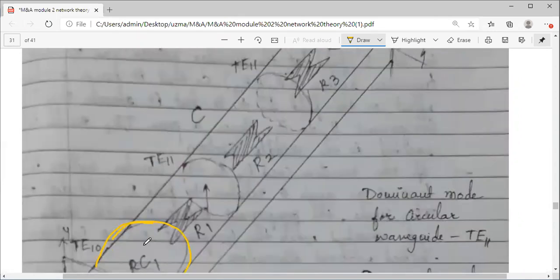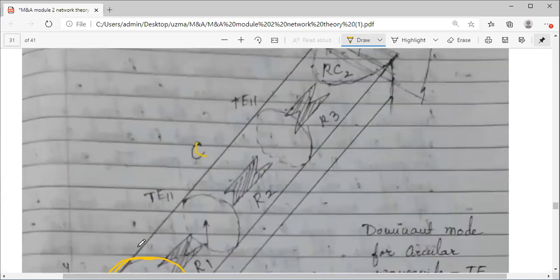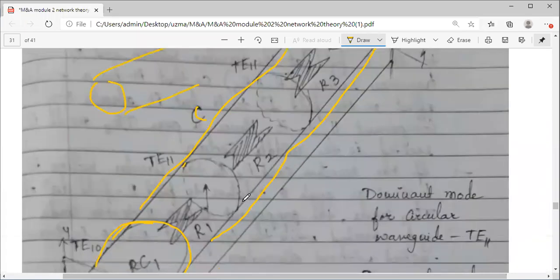Actually speaking, the central part C indicates a circular waveguide. From here to here, this is your circular section. You can imagine a round pipe, your water pipe, the central section. To show you two-dimensionally, I cannot draw a circle here, but you can see these dots indicate this structure is circular.